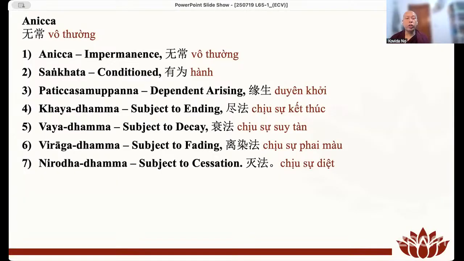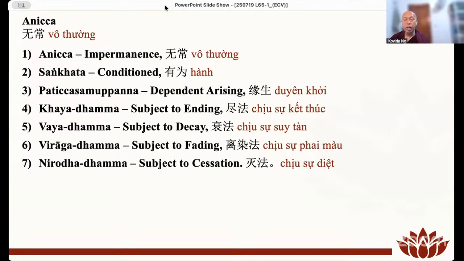When we talk about conditions, there are different conditions for materiality and for mentality. For materiality, it can be the weather, food, dhamma, or citta, consciousness. So there are many different types of conditions, and they are called sankhata. Similarly, for mentality, there are many conditions, for example object, associated factors, and base, and many other things.